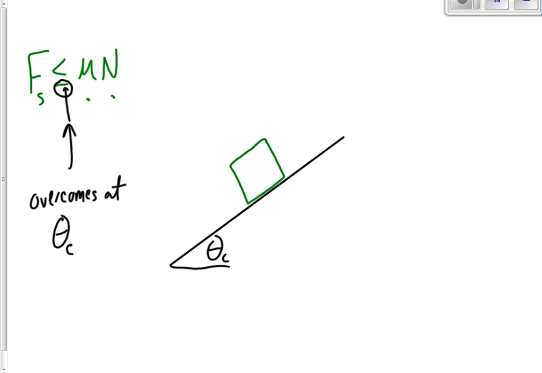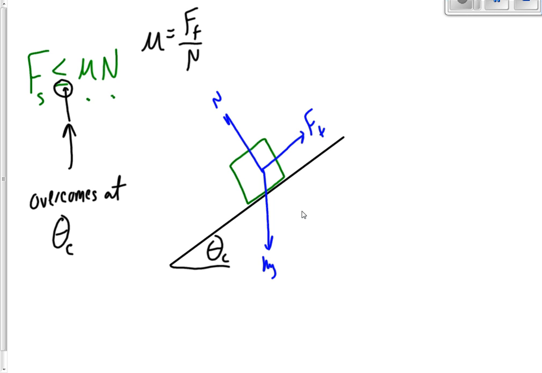So we can rewrite this coefficient of friction as a ratio of friction force to normal force, right? So let's do our free body real quick. We have the force of mg down, normal force there, friction force there. We're resolving the weight into two components.